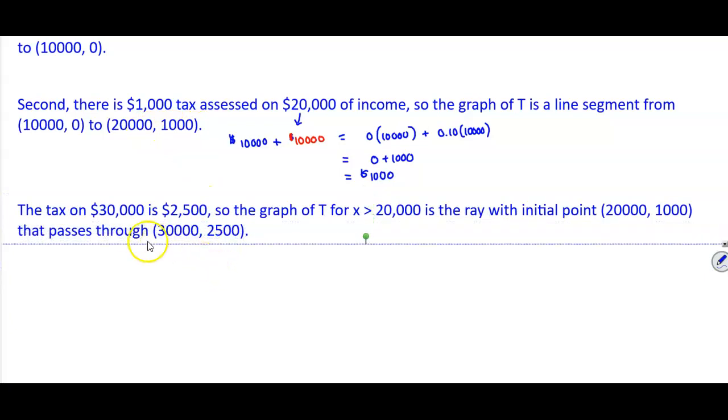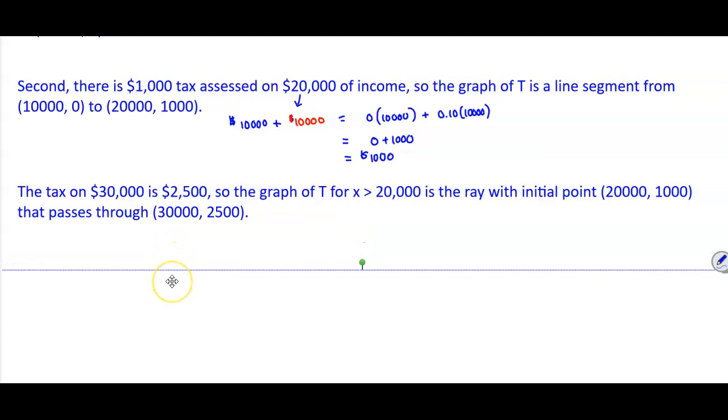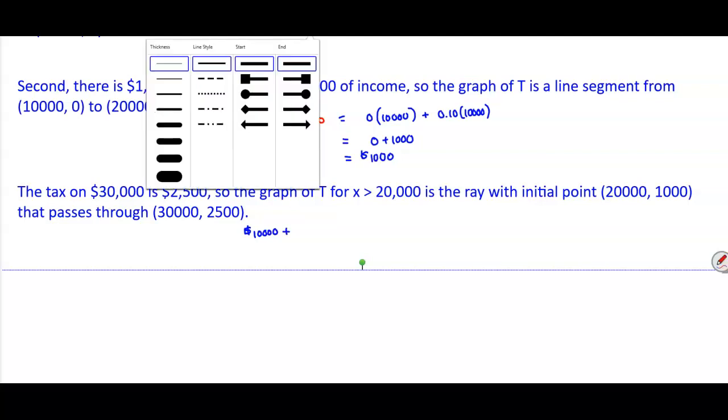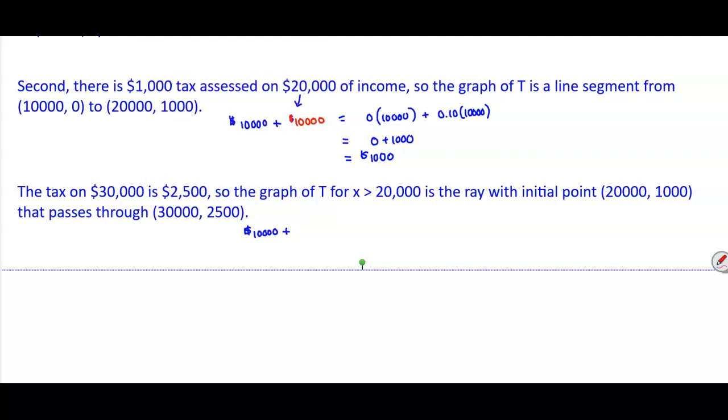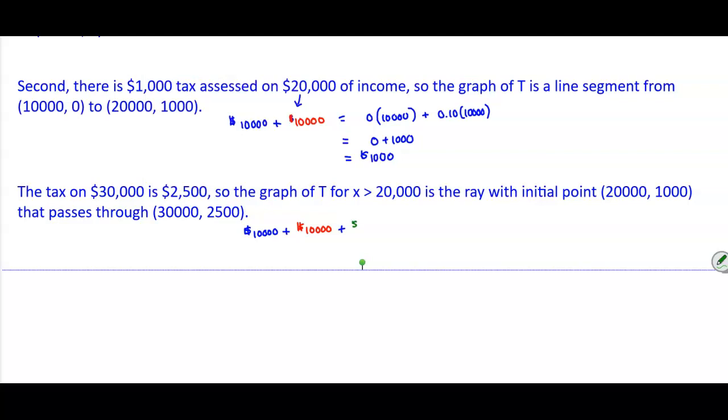Now the tax on 30,000, what is that? The first 10,000 has a 0% tax, there is a 10% tax on the next 10,000, and then a 15% tax on the next 10,000.